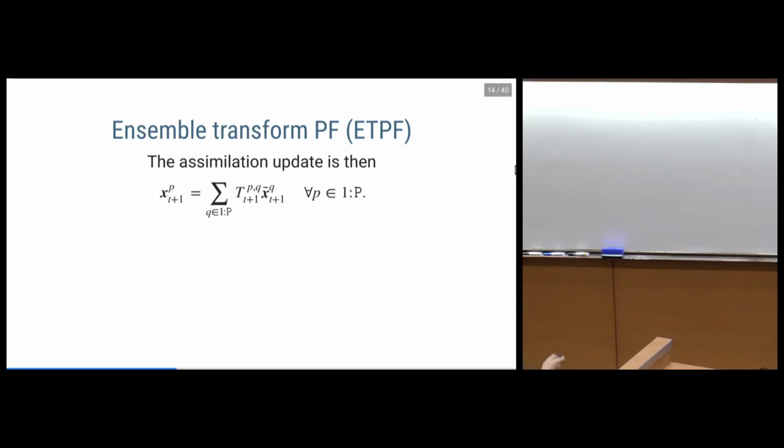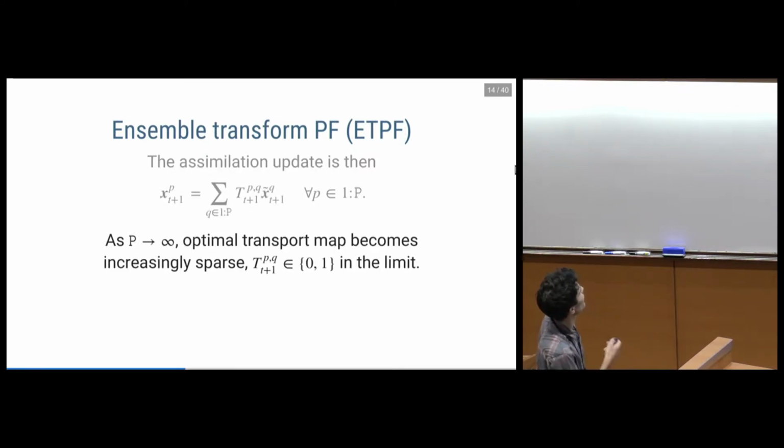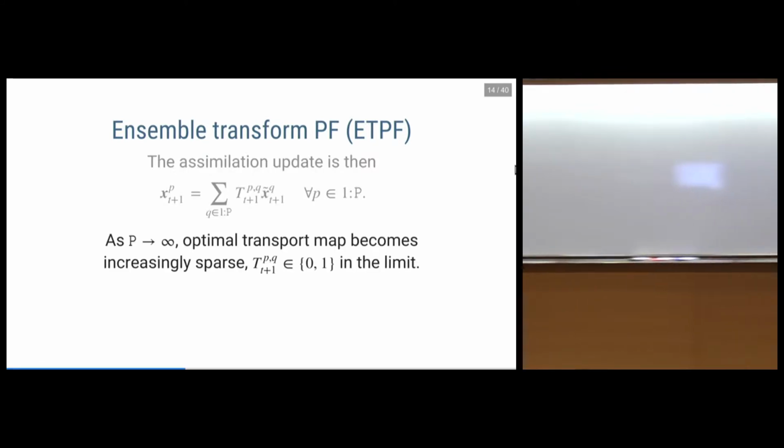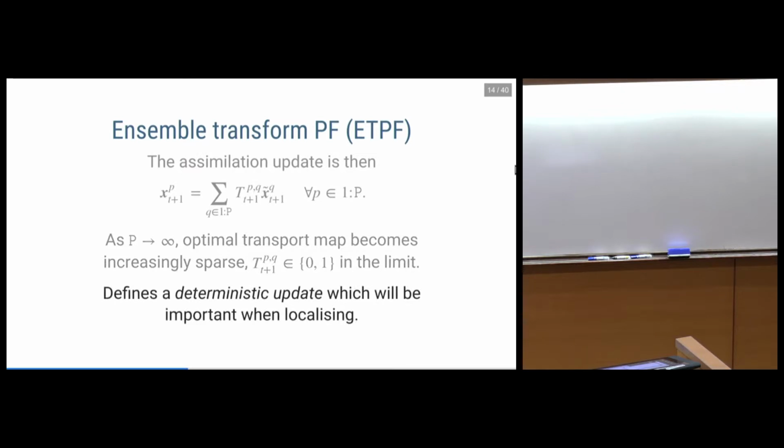And so, although this will be, in some sense, the incorrect update to do for some finite p, we still maintain consistency through this fact. So as p goes to infinity, we'll still end up getting the correct answer. And the nice thing about defining this linear transformation is that the overall update is now deterministic.